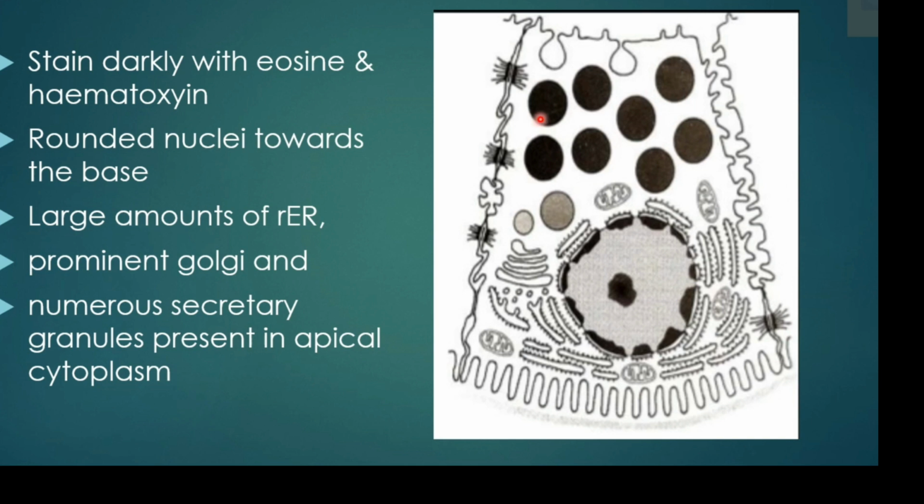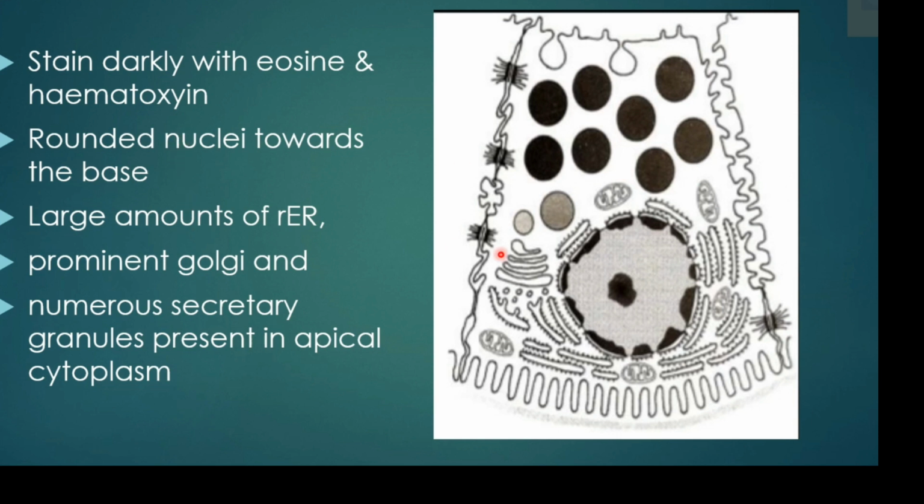While in the apical region you can see the zymogen granules are present. These are the apical granules which are called the zymogen granules. They stain with the eosin. So the apical region of the cell stains with the eosin, and the basal region of the cell stains with the hematoxylin. Hematoxylin staining is because of the RER and nucleus, and eosin staining is because of these zymogen granules.